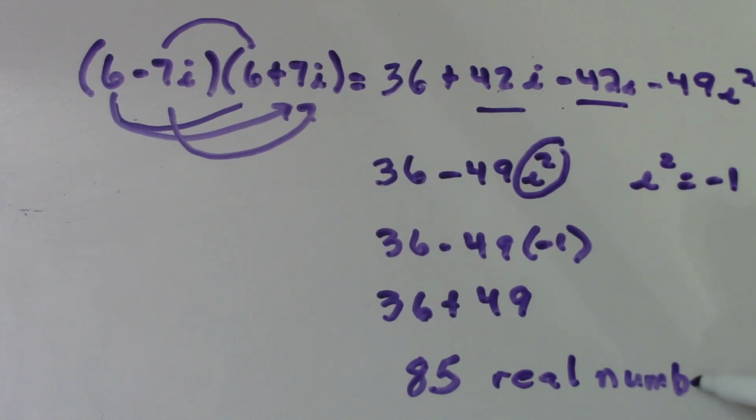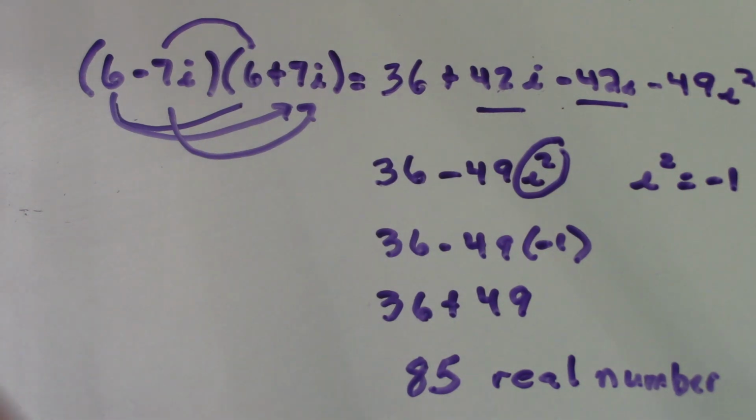And how did that happen? Let's go back and look at the problem. When we look at the problem, we notice that it's in essence like the difference of two squares when we did binomials. But we don't call it that when we're working with complex numbers.